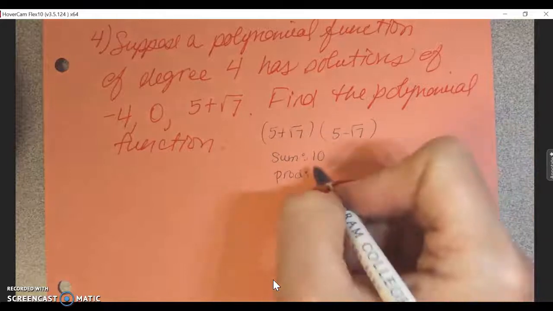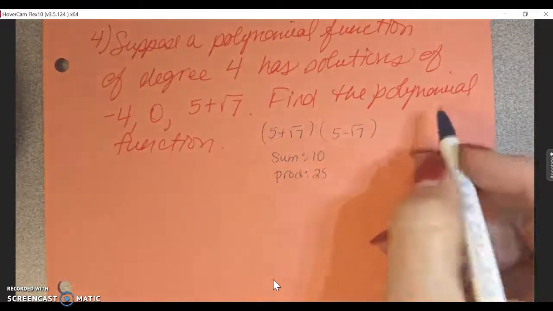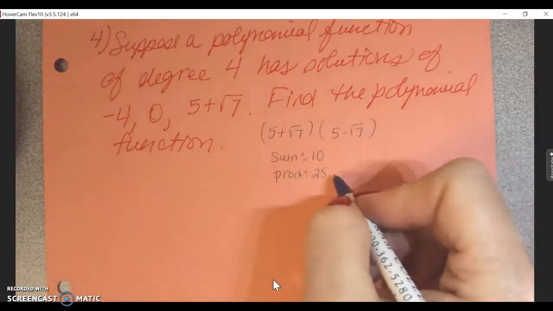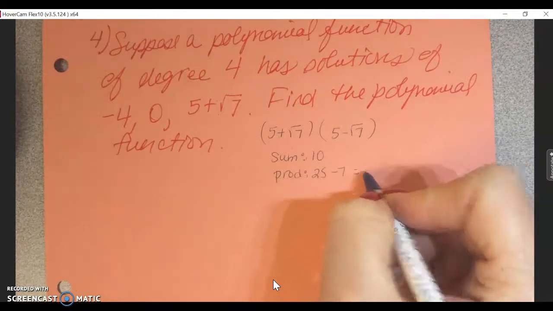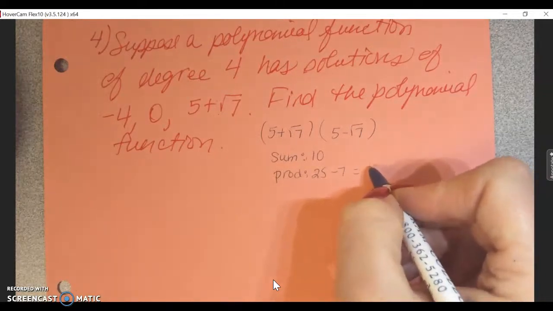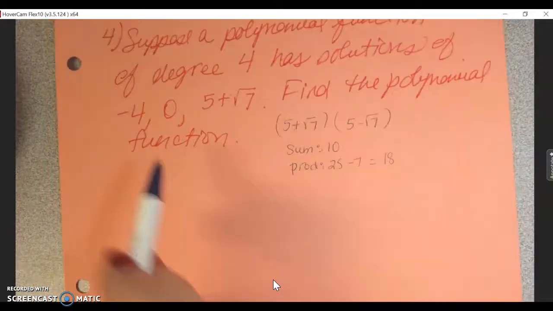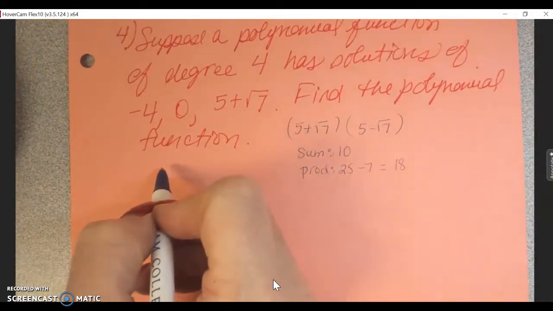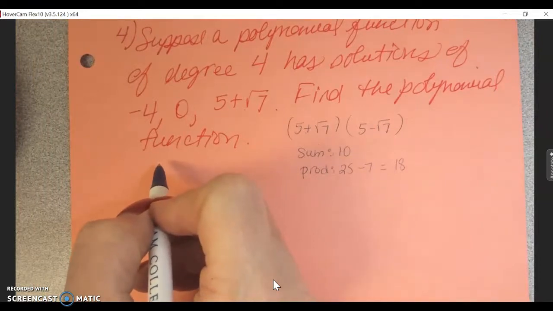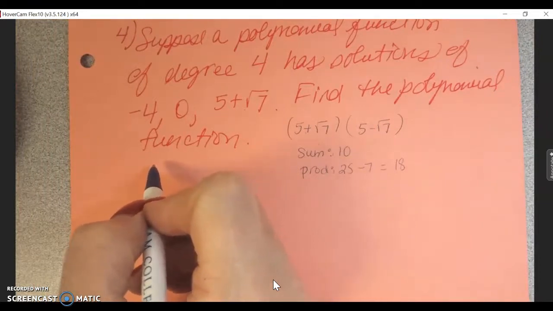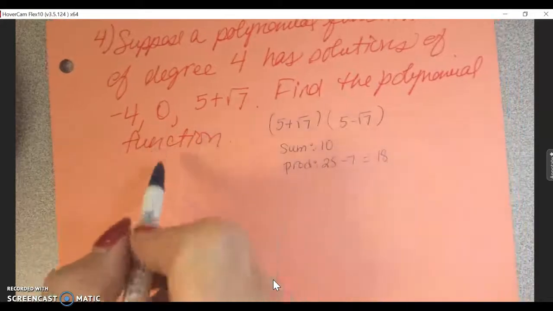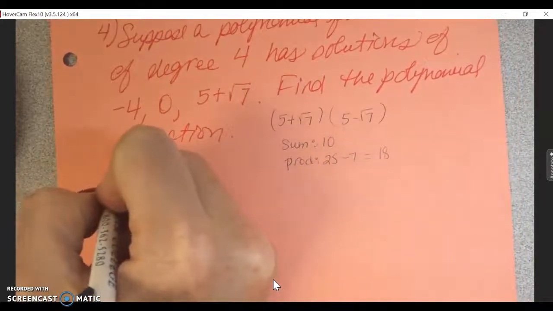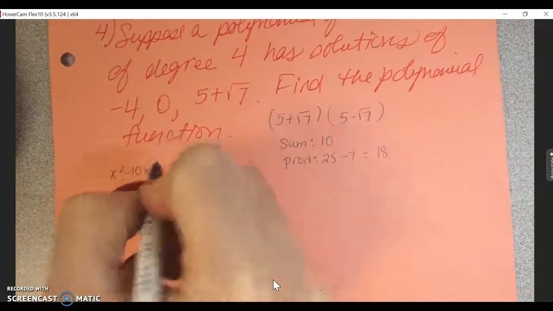First times first, outers, inners cancel, and then what's the last times the last? You guys know what the product is then? 18. Can somebody tell me what this would be then? What would the quadratic function be? Yeah, Derek. It would be x squared minus 10x plus 18. Good.